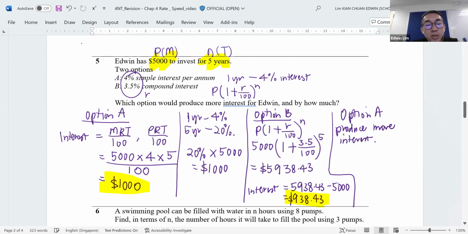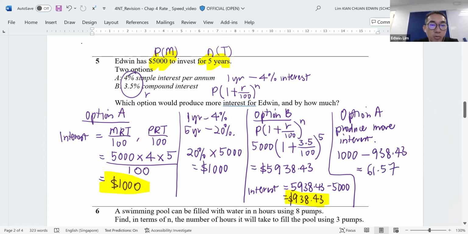By how much? I will use 1,000 minus 938.43. So the difference is actually $61.57.